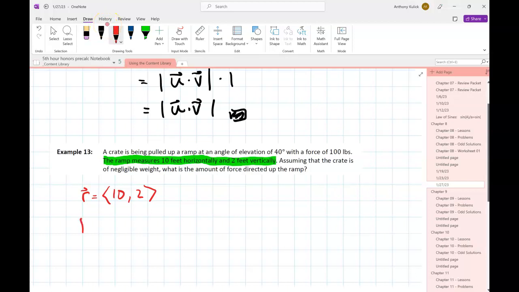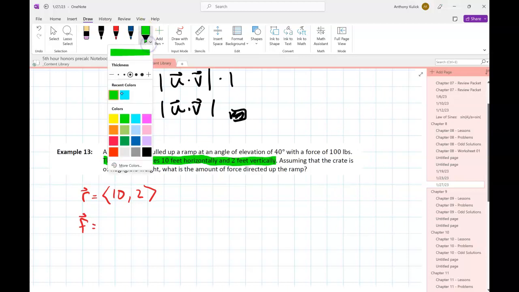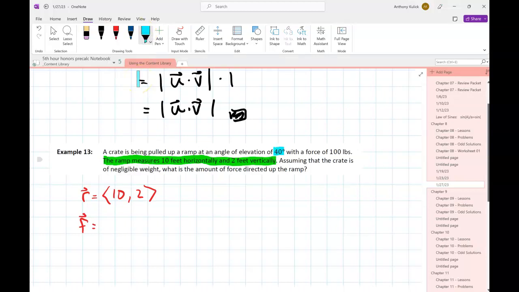And then I have a force vector. Now that force vector, I'm not given a component form for it, right? I'm given an angle and a magnitude.